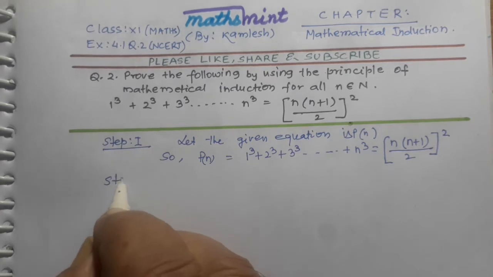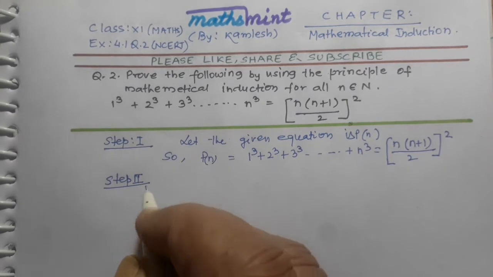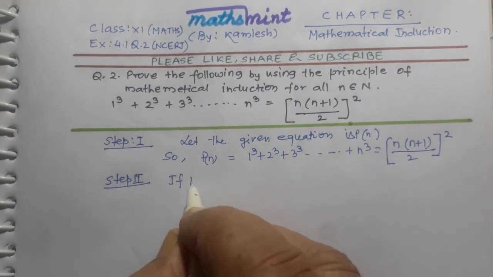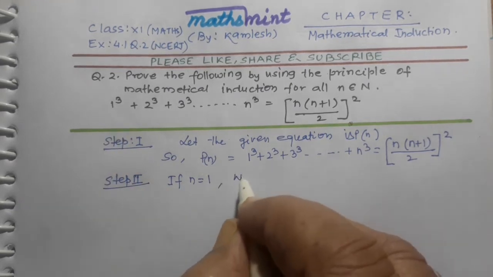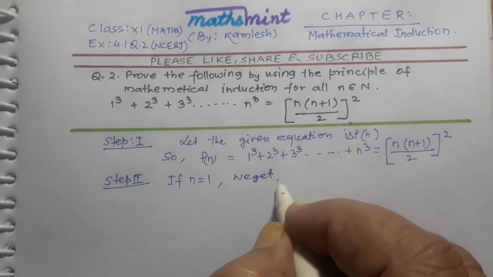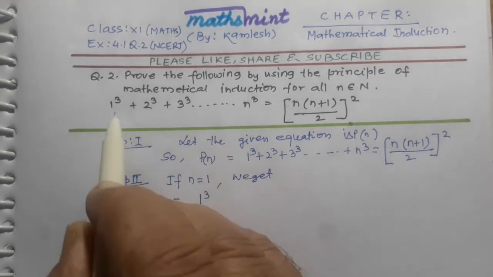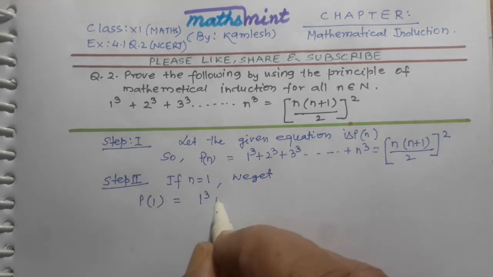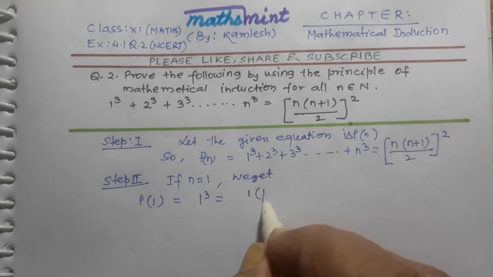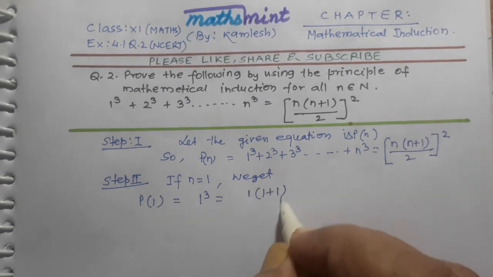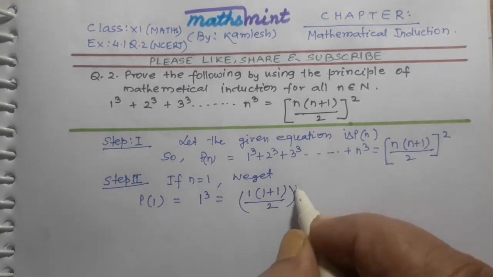The second step is: if n equal to 1, we get P1 equal to 1 cube. P1 is 1 cube here, equal to, at the place of n we are writing 1, so 1 into 1 plus 1 by 2, whole square.